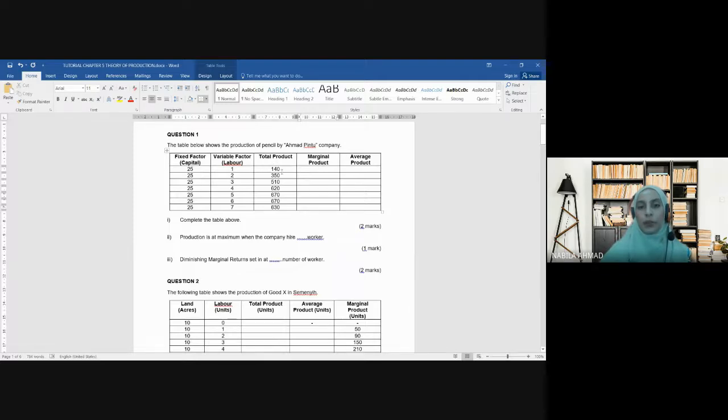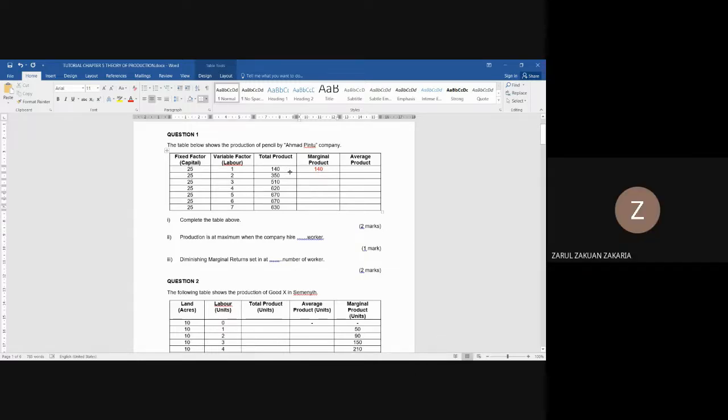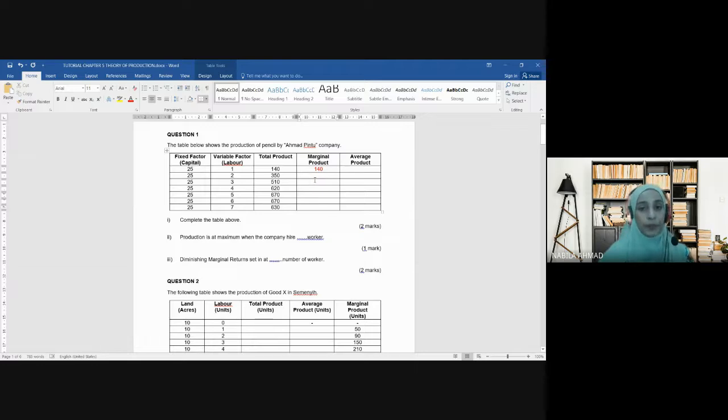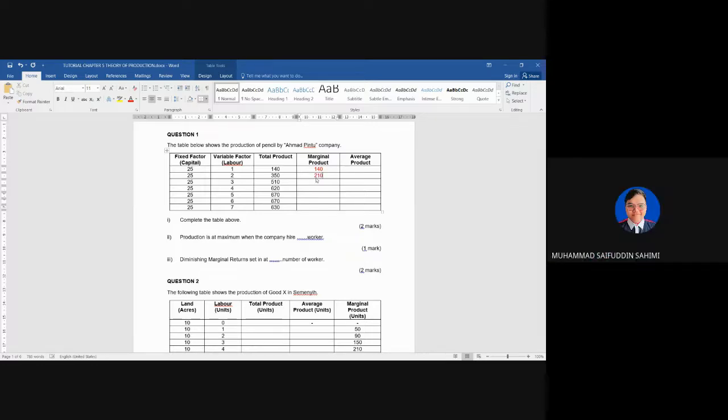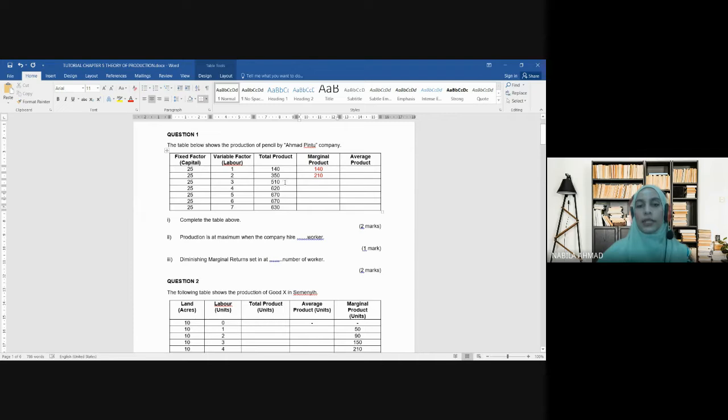Jadi 140 tolak kosong, 140 bahagi dengan 1 tolak kosong 1. So 140 bahagi 1, 140. So ni berapa? 350 tolak 140 berapa? 210. Okay, 210. Ni 510 tolak 350 bahagi 1.